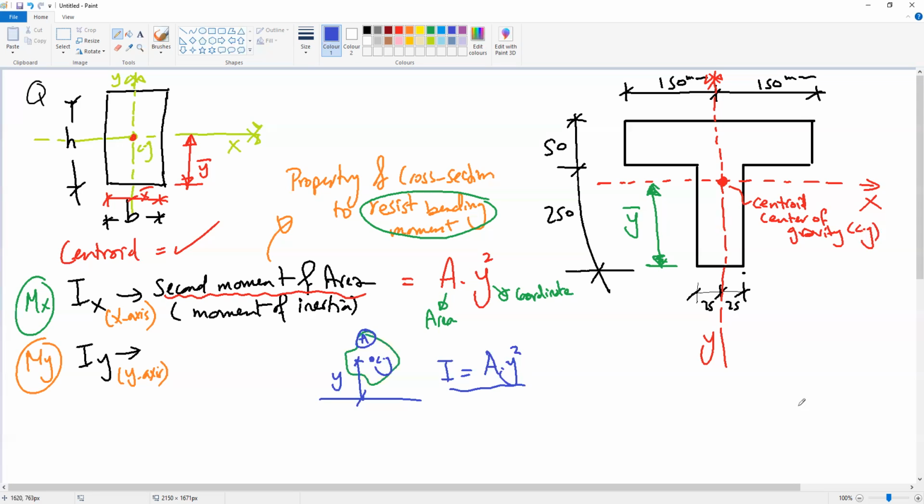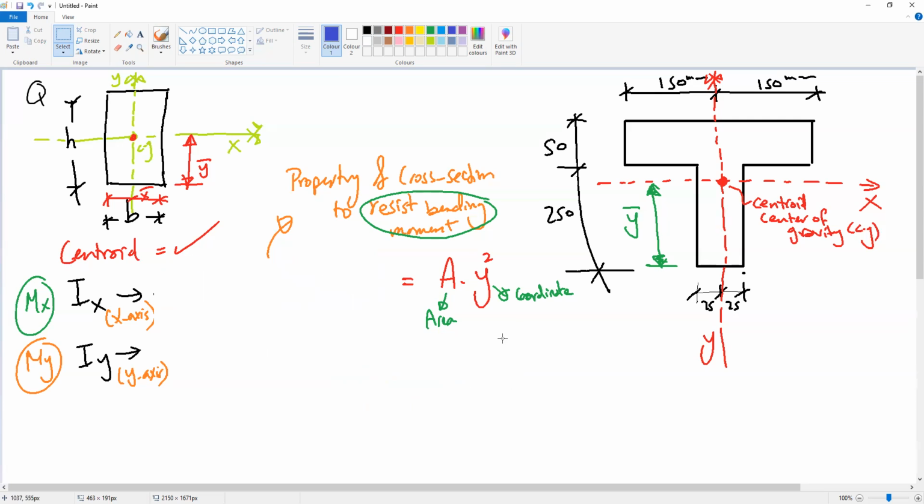So for our case, I will remove this part. Okay, for the regular shape, we don't have to work out how they get the inertia, but we should know that Ix for a rectangular shape is equal to B H cubed divided by 12.